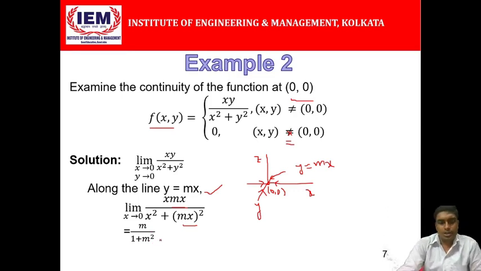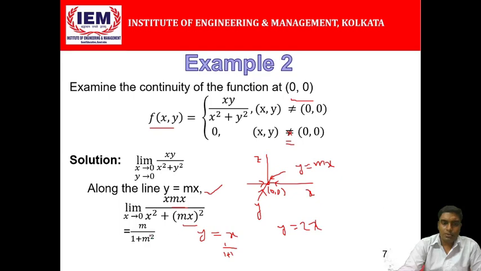So if I approach the 0, 0 point by a straight line, let's say y equal to x, where the m value is 1, then the value of the limit will be 1 by 1 plus 1, that is 0.5. Now if I approach, let's say, y equal to 2x, so that is another straight line, right?